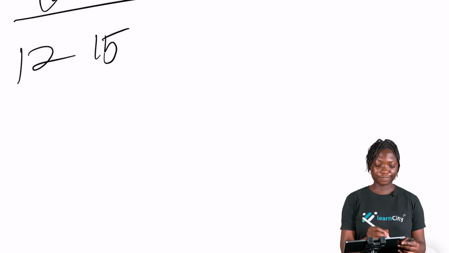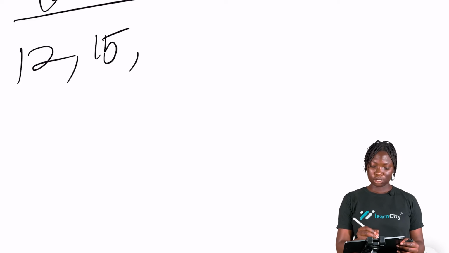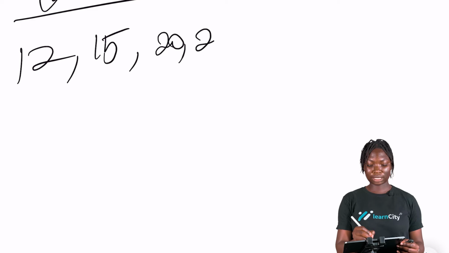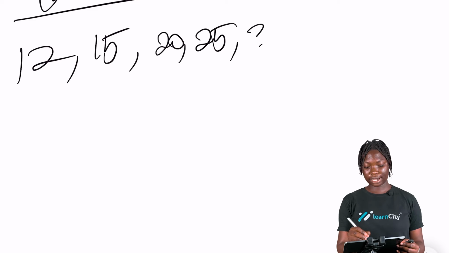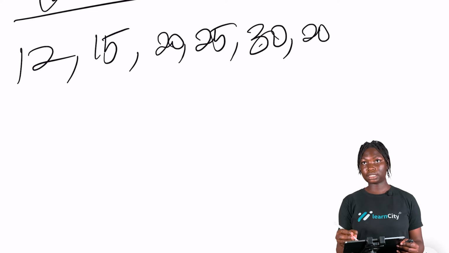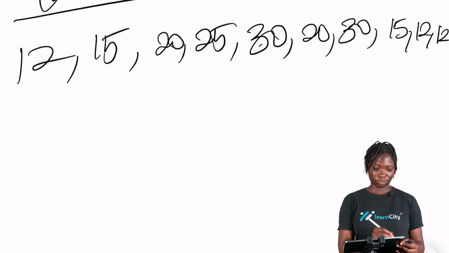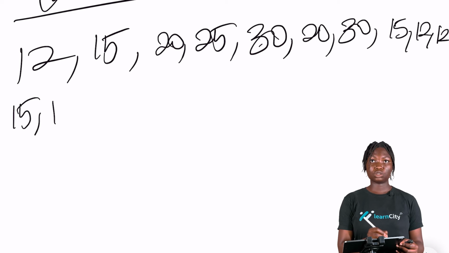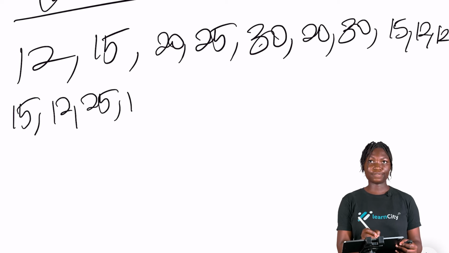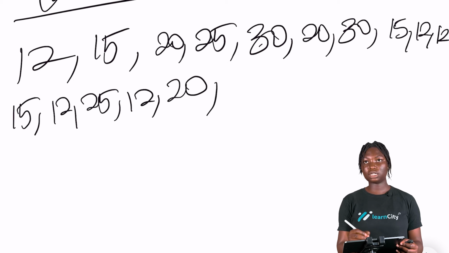12, 15, 20, 25, 30, 20, 30, 15, 12, 12. We have 15, 12, 25, 12, 20, 12.